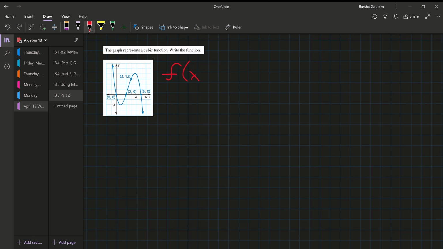f(x) is equal to a times (x minus p)(x minus q)(x minus r). So now, we're going to go ahead and replace each of these with p, q, and r. So this one's going to be p, this one's going to be q, and this one's going to be r.